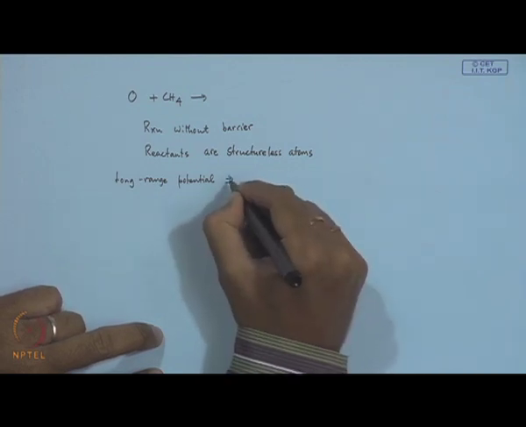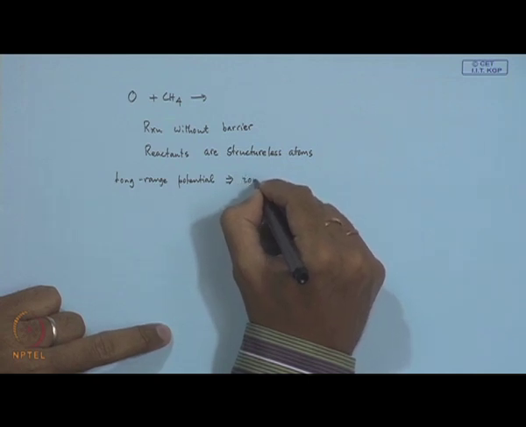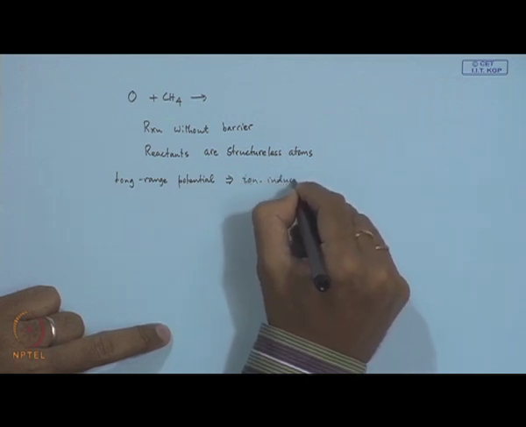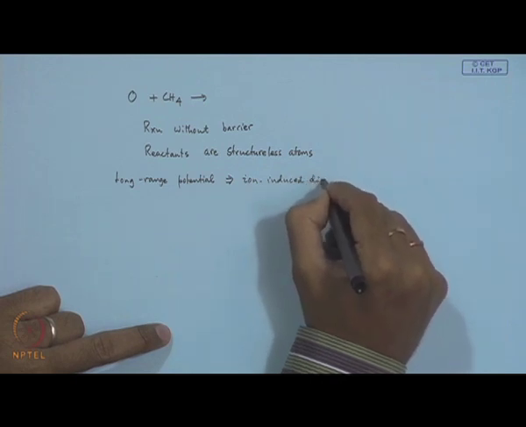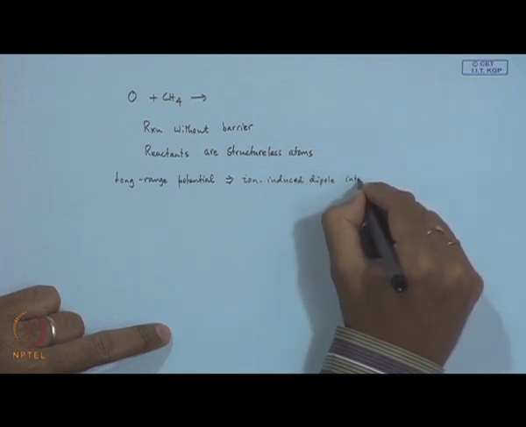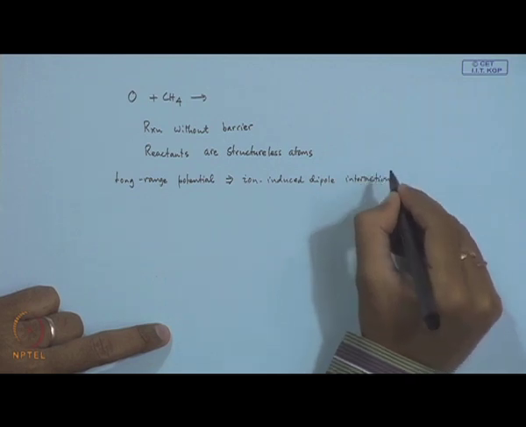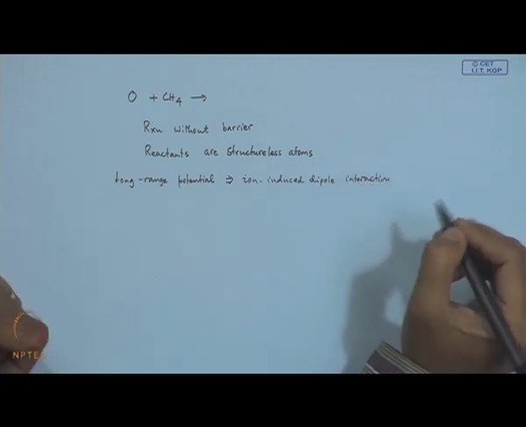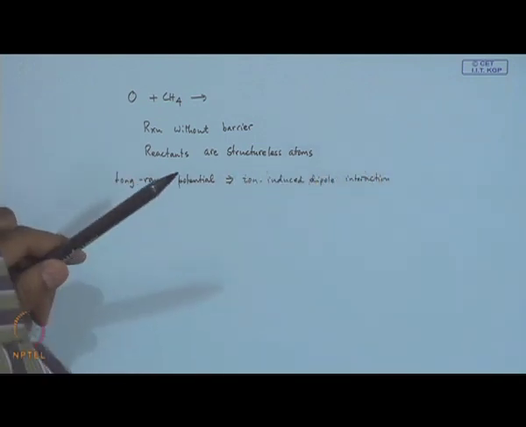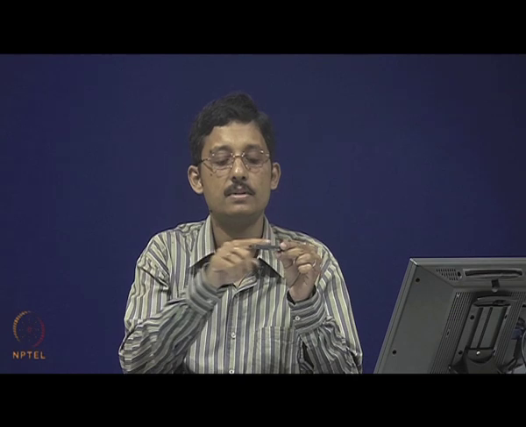And in this case we have to assume this ion induced dipole interaction, which is happening at a long distance. So, what is happening is that you have got an ion, and this is another moiety. So, this ion may be inducing a dipole if it is coming close.